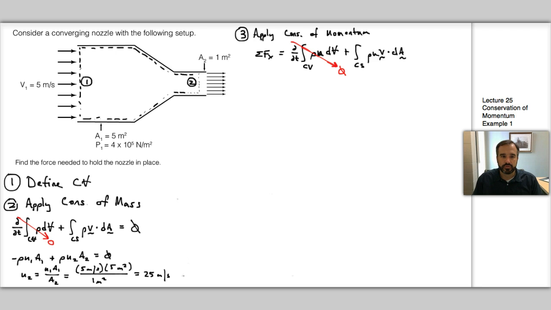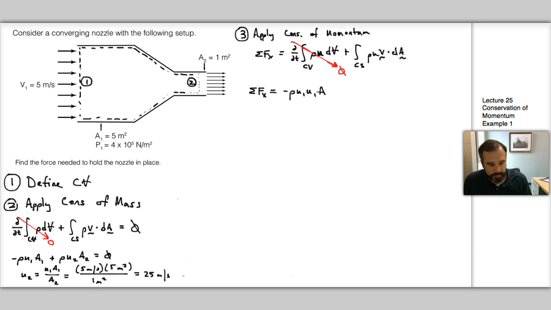And then we can start plugging in terms for the fluxes, just like we did for conservation of mass. So the momentum flux at surface 1 is going to be rho u times V dot dA. V dot dA is going to be an outward normal vector. And so that's going to look like this. The sum of the forces in the x direction is equal to negative rho u1 u1 A1.